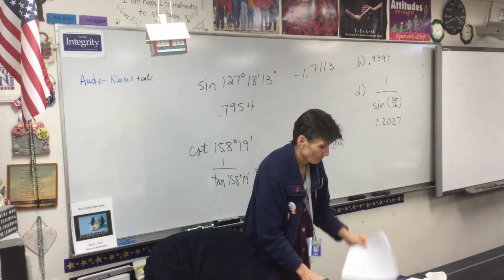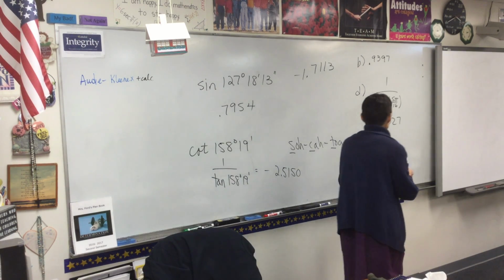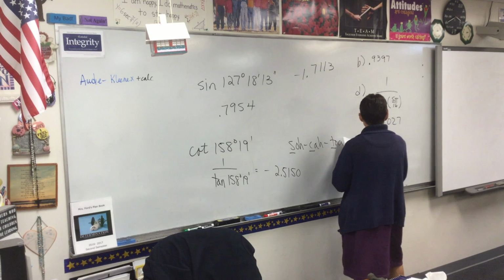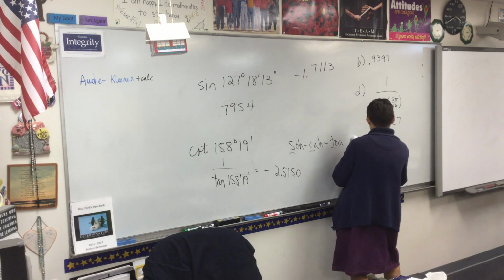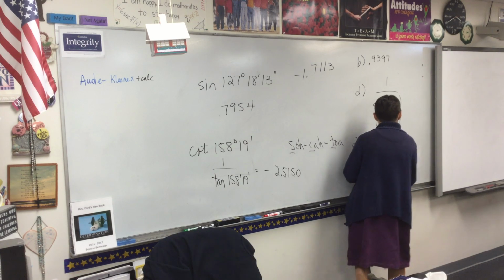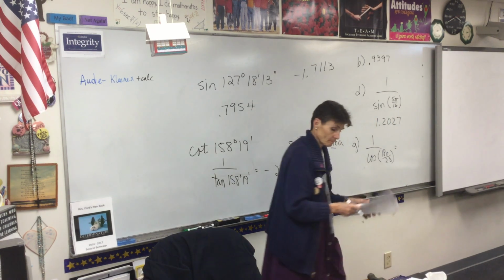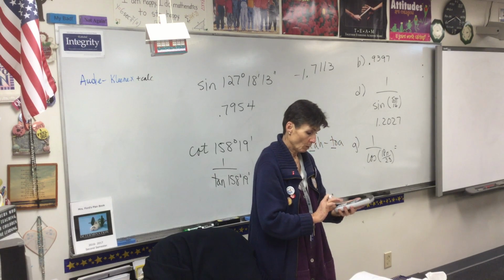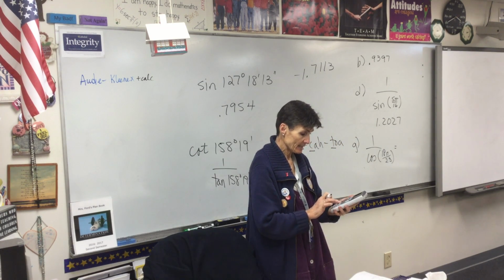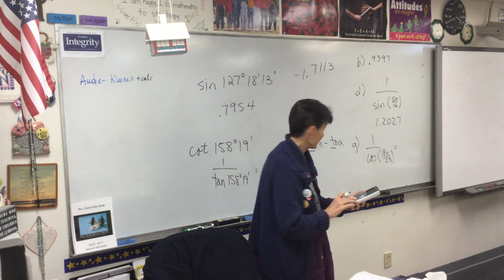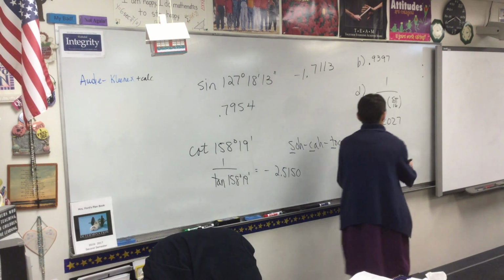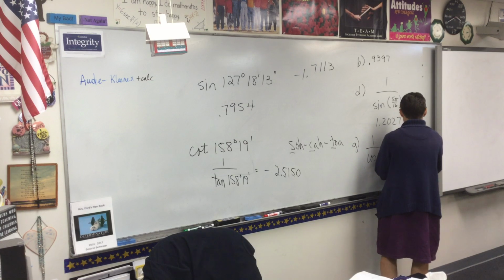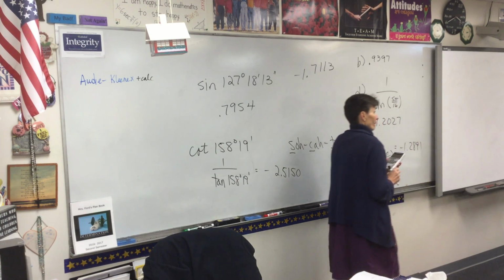G. What am I going to type in for G? 1 over cosine 18 pi over 23. 1 divided by cosine 18 pi divided by 23. Negative 1.2891.